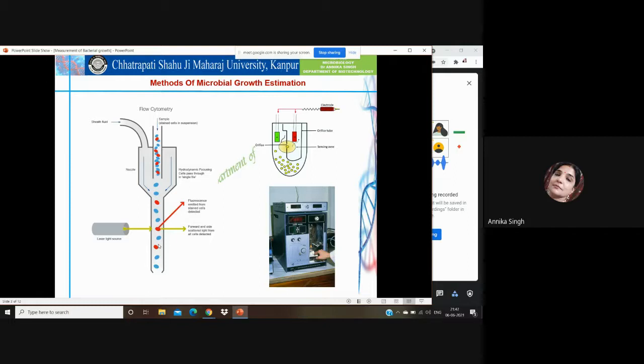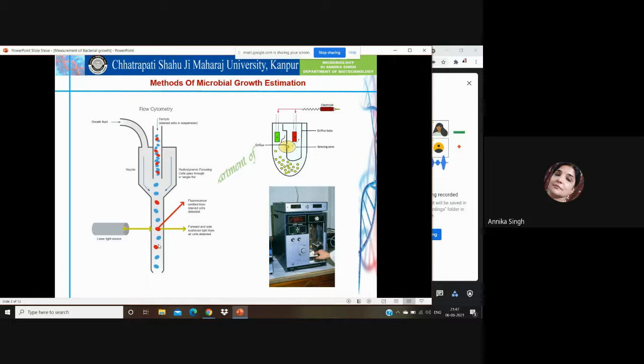There are also more sophisticated flow cytometers available, which can provide valuable information about the characteristics of the population of cells.